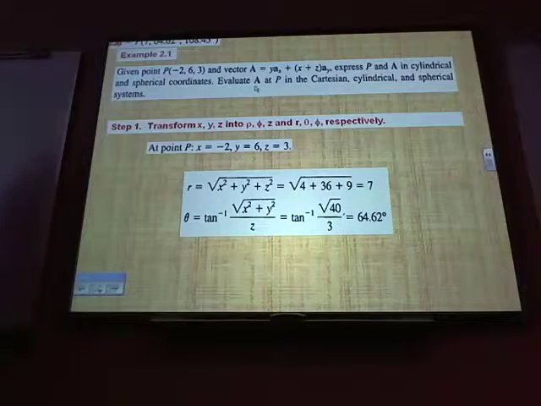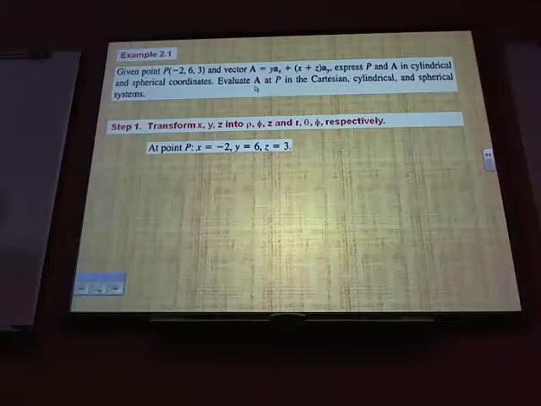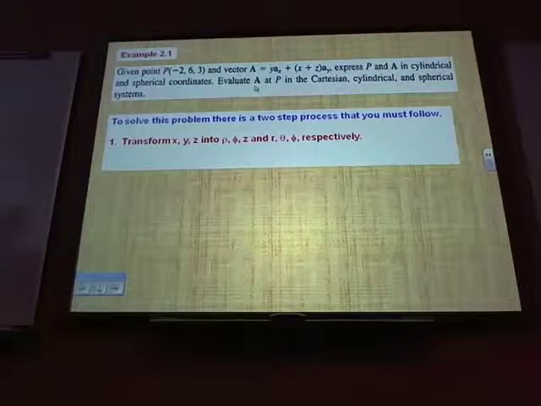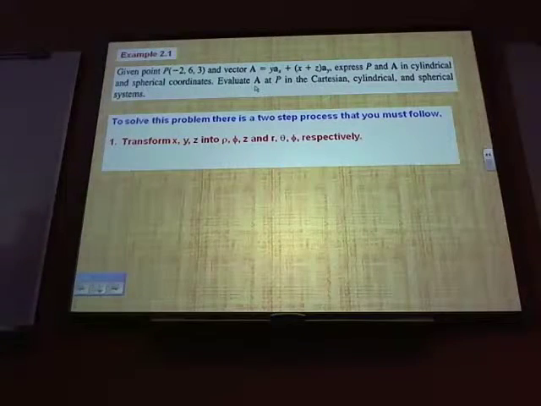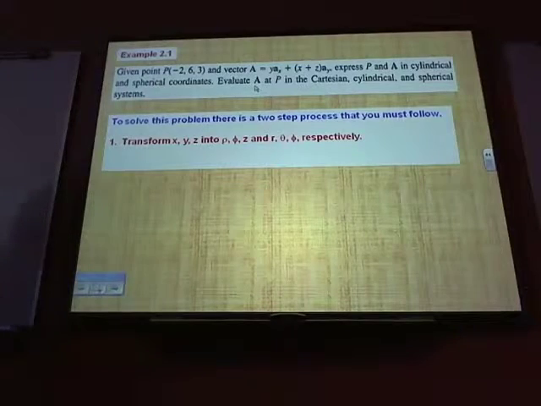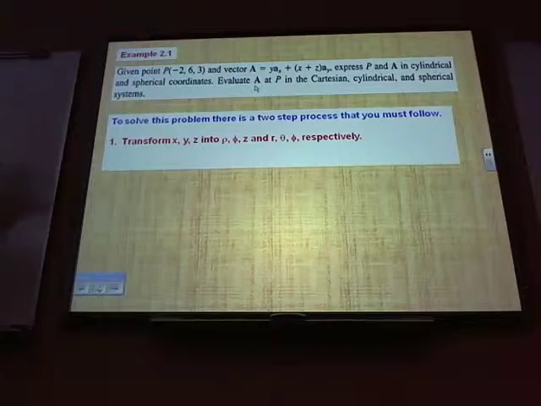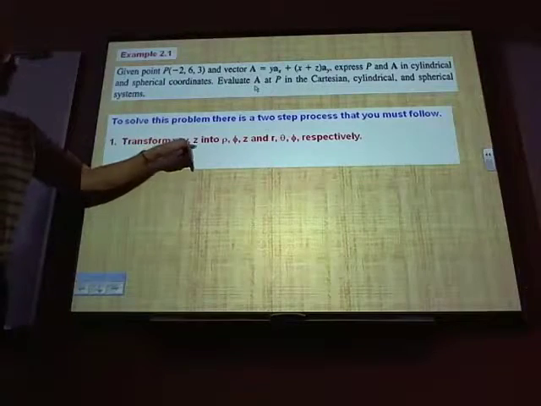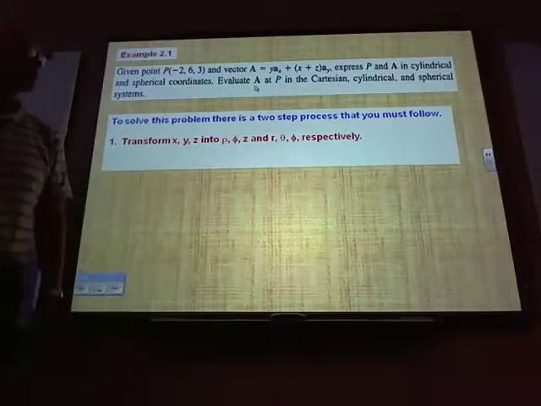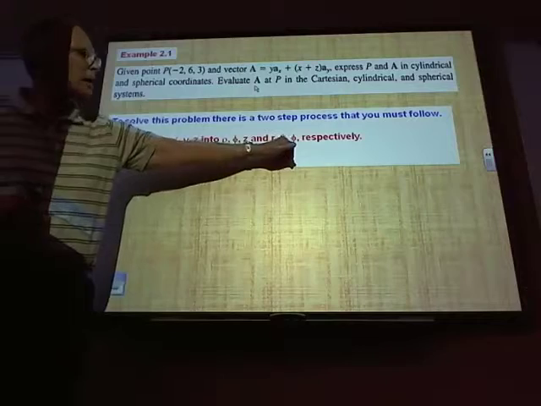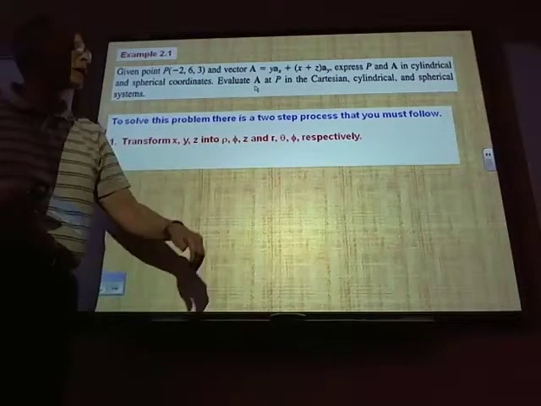So here's the first thing you do. Did we talk about this? I think it went ahead a few slides. There we go. Here's what we're going to do. To solve this problem, there's a two-step process that we need to follow. First thing we want to do, and you follow this each time, is transform x, y, and z into rho, phi, and z, and then r, theta, and phi, respectively.